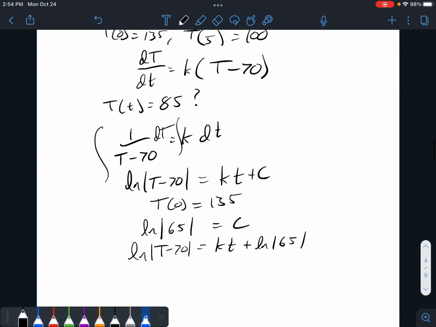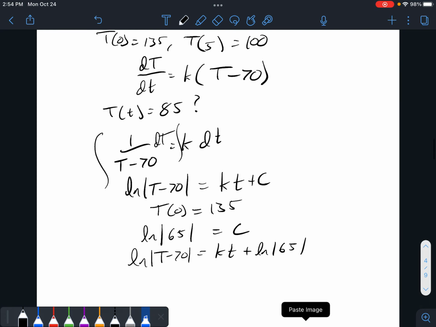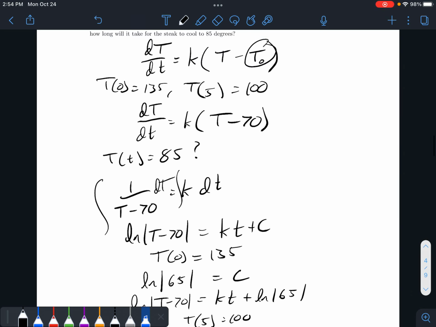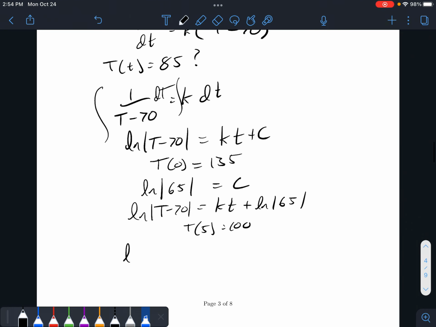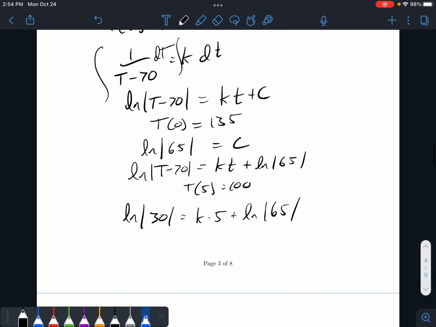Okay, and now to figure out k, we can use T of 5 is 100. So ln of 100 minus 70, which is 30, is equal to k times 5 plus ln of 65. Yeah, definitely should have done e to both sides first.